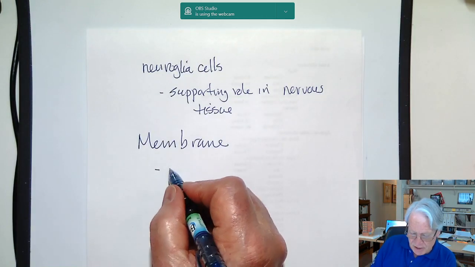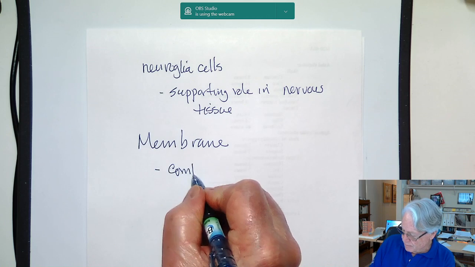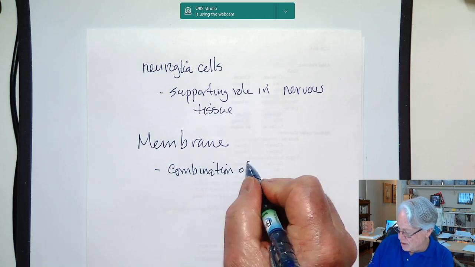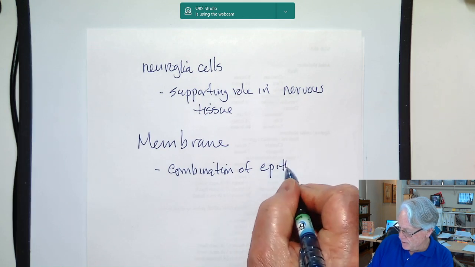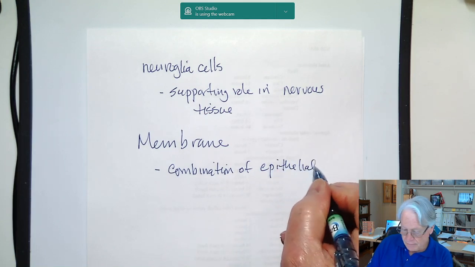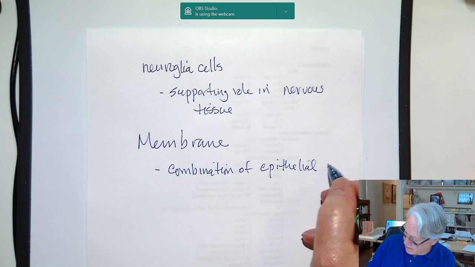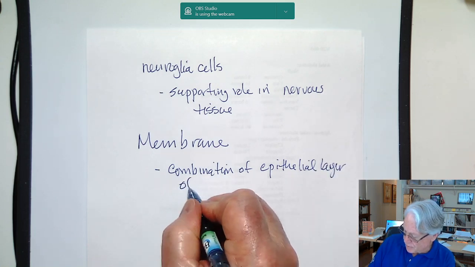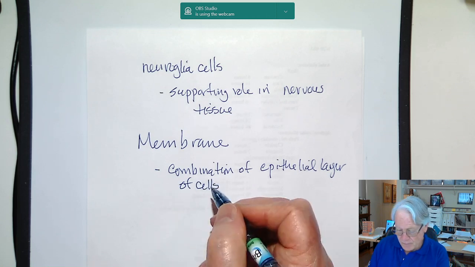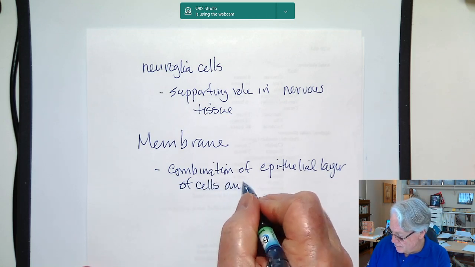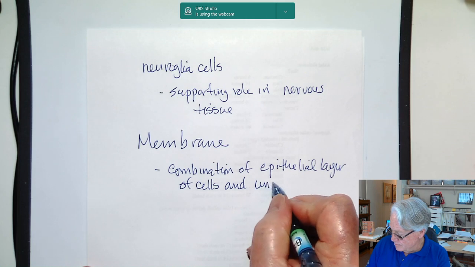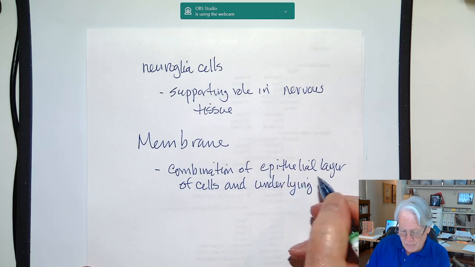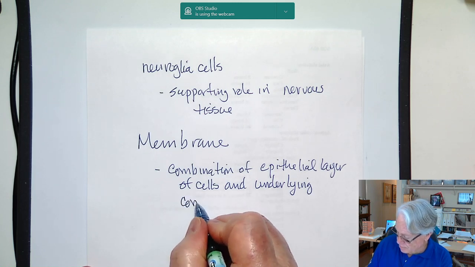So here it is. It is a combination of an epithelial layer of cells, of course, and an underlying connective tissue.